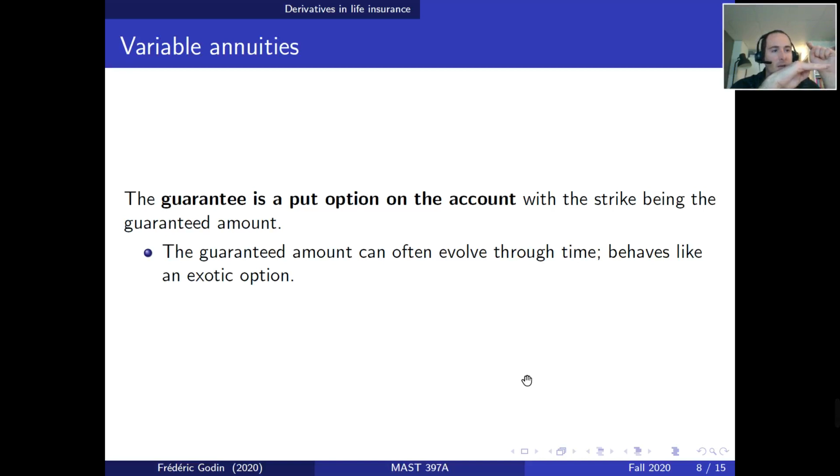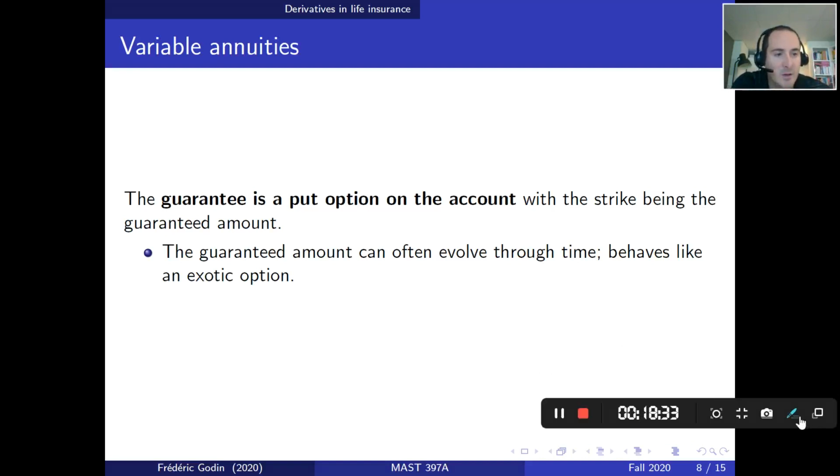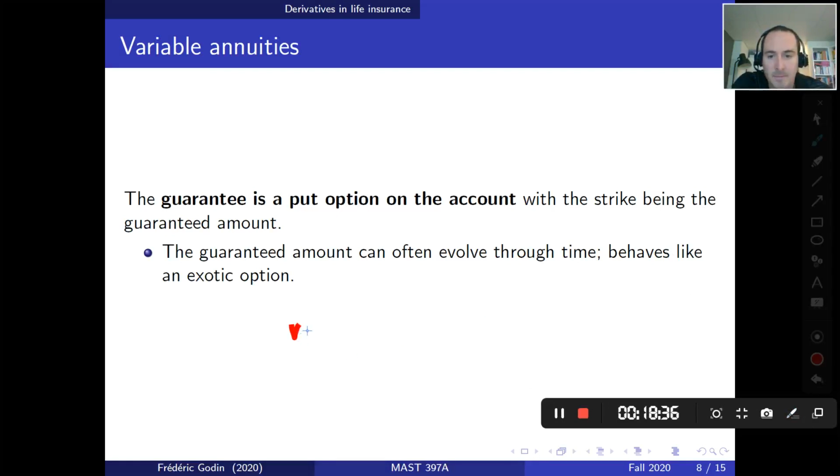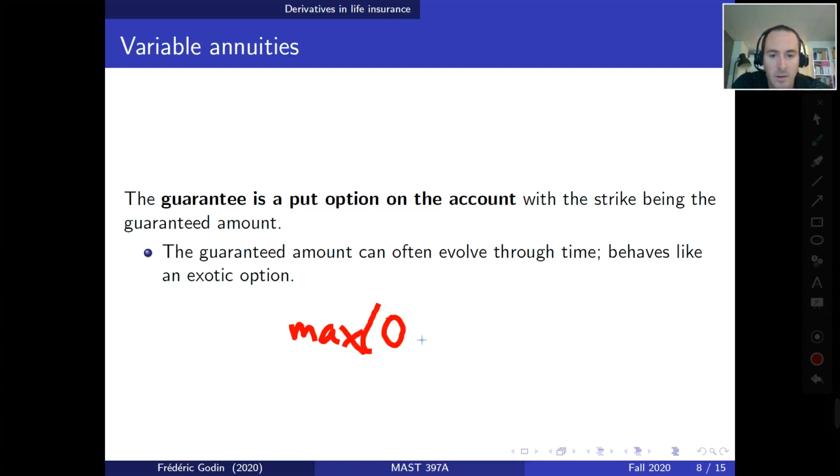The insurer will give back the account value to the policyholder, so there's zero payment from the insurer. But if the account value lies below the threshold, then the insurer will have to pay the guaranteed amount minus the account value. So we can see that the payment by the insurer in that case looks like the maximum between 0 and the guaranteed amount at time t minus the account value at time t.